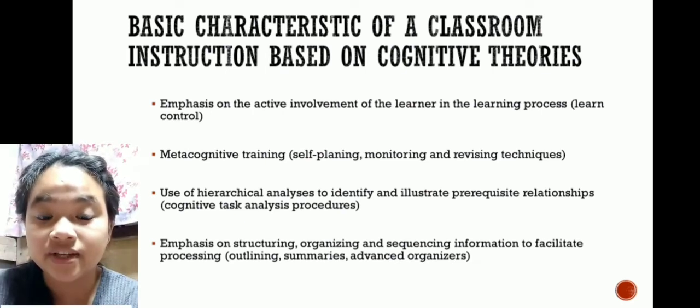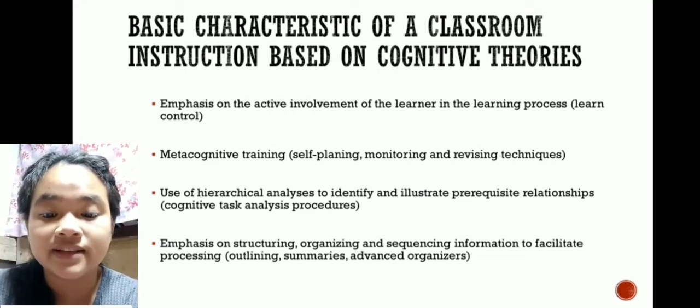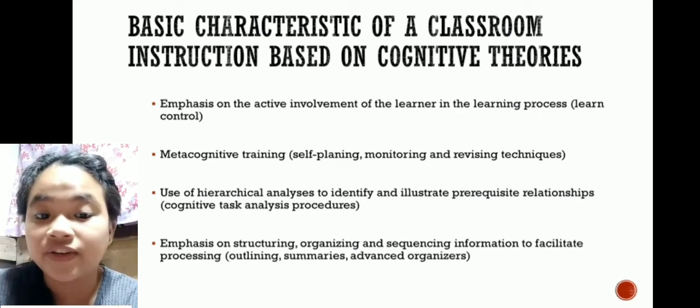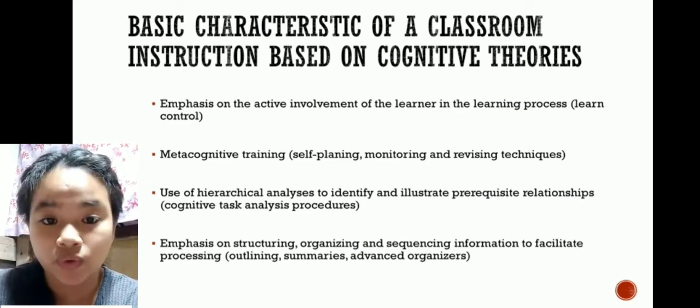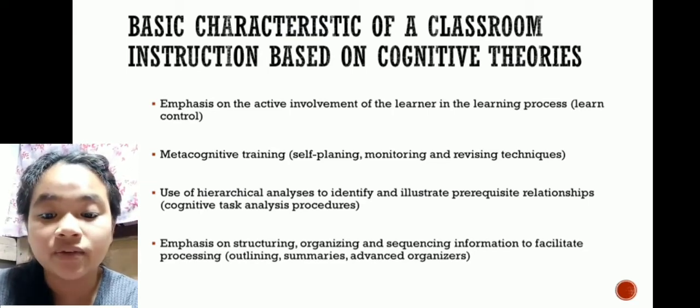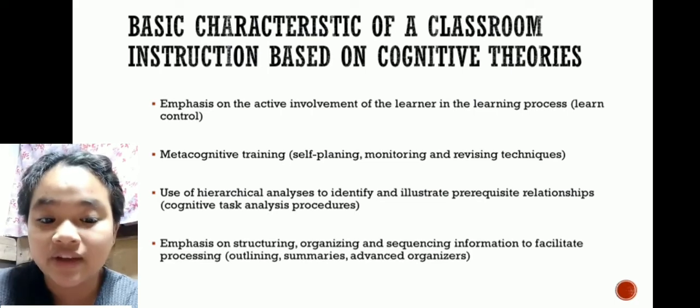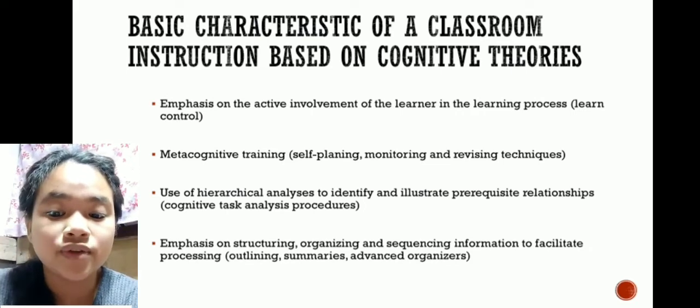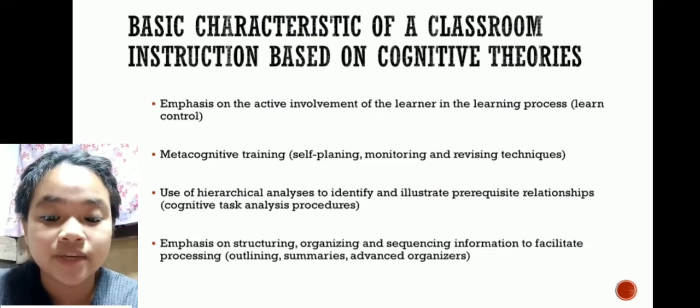Basic characteristics of a classroom instruction based on cognitive theories. First is emphasis on the active involvement of the learner in the learning process or learner control. Second is metacognitive training or self-planning, monitoring, and revising techniques. The third is use of hierarchical analysis to identify and illustrate prerequisite relationships or cognitive task analysis procedures.